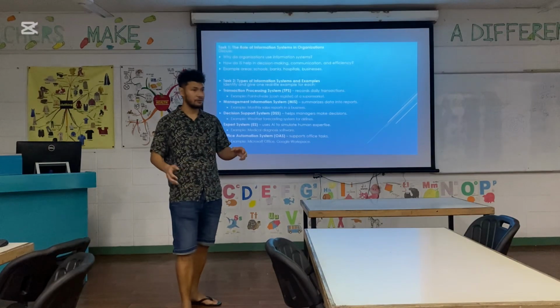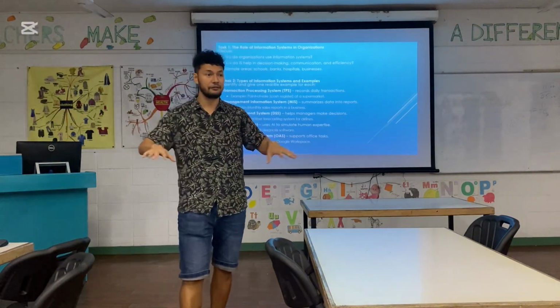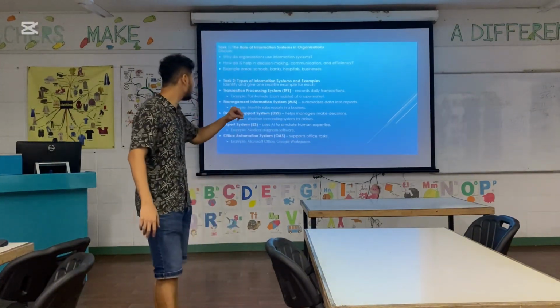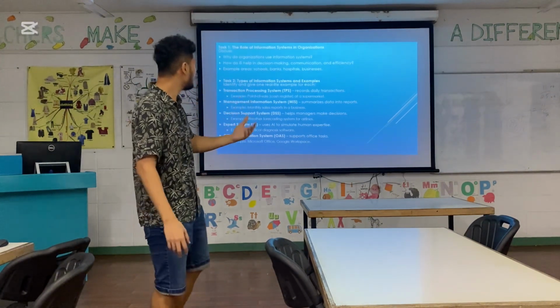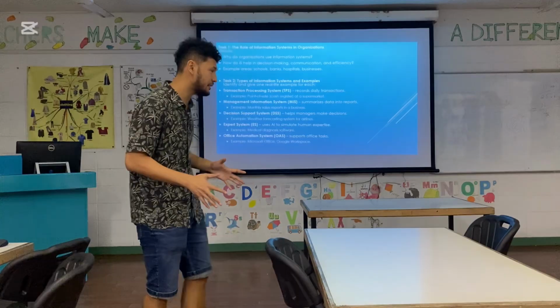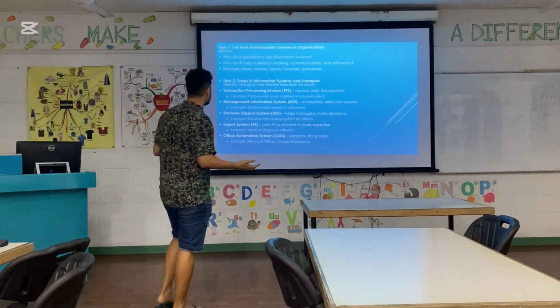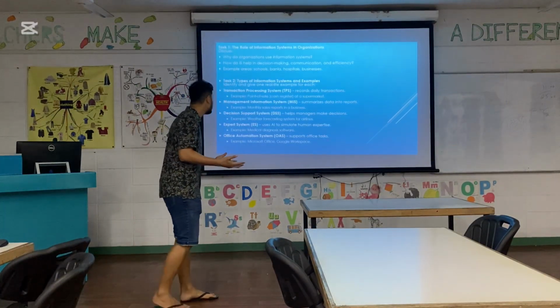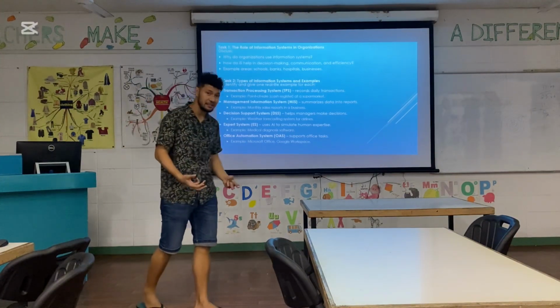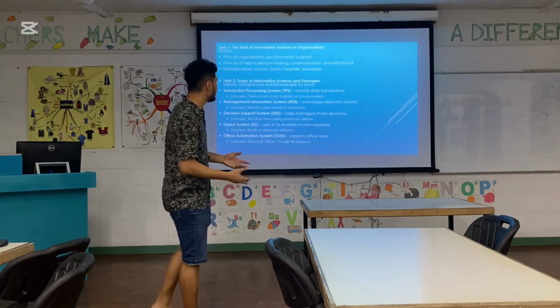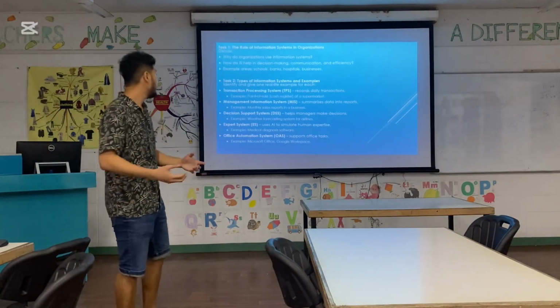But yes, I want you to move into your groups, 5 groups, and I want you to discuss why do organizations use information systems? Why do information systems help in decision making, communication and efficiency?